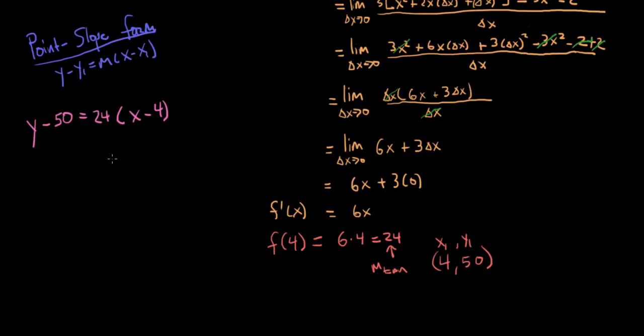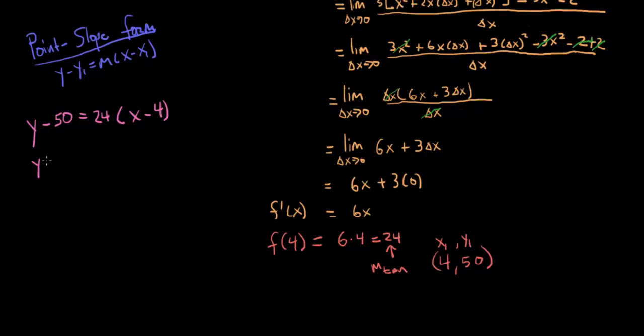Okay? Now, that is the equation of the line, but most always we want to express that as a function of y, and put it in slope-intercept form, y equals mx plus b type form. So let's do that real fast.